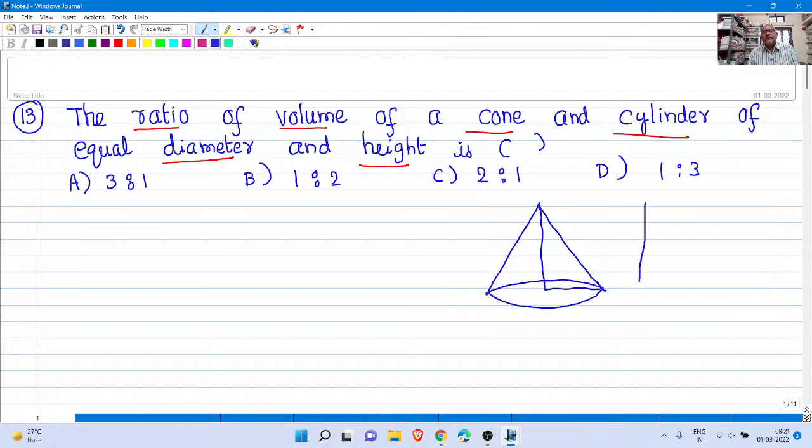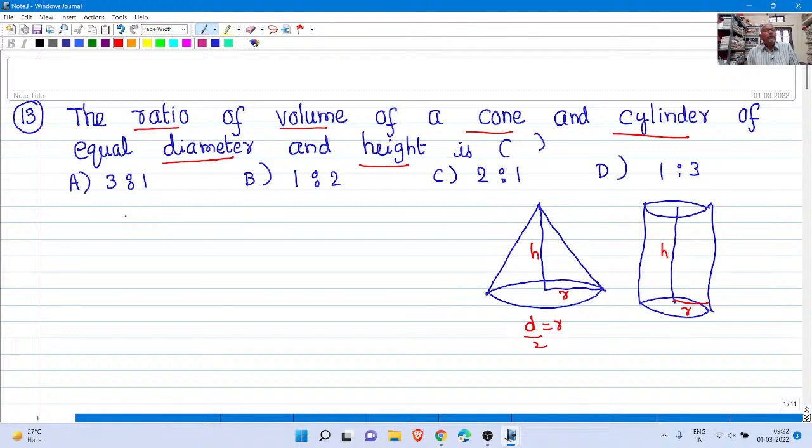This is the cylinder. This is the height of the cylinder. So what is given actually according to the problem? Height h, d is same, means r is also d by 2. This will be r. This is h, same r.